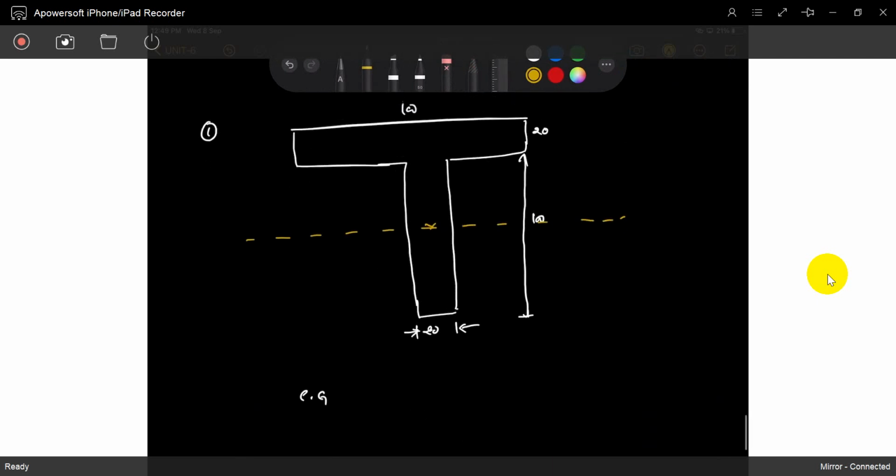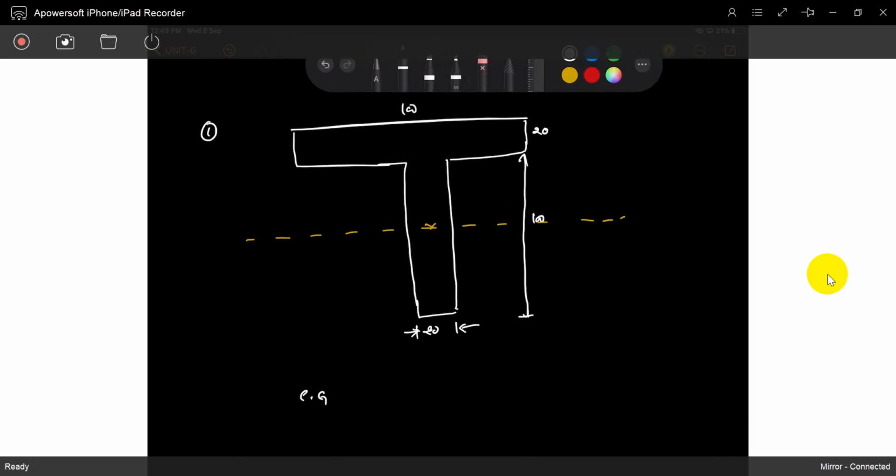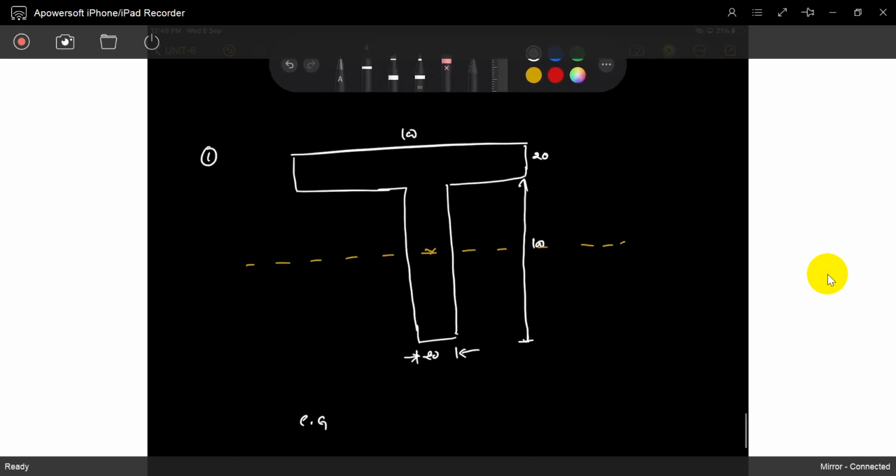How can you find out? By the moment. Write down. From this line, how can you find the CG? By this line, 100 into 20 area, and this distance is 10. And also the second area, again 100 into 20, this distance is exactly 50.